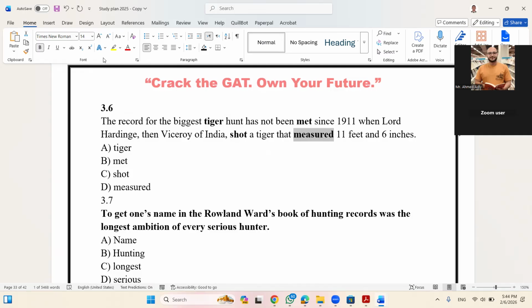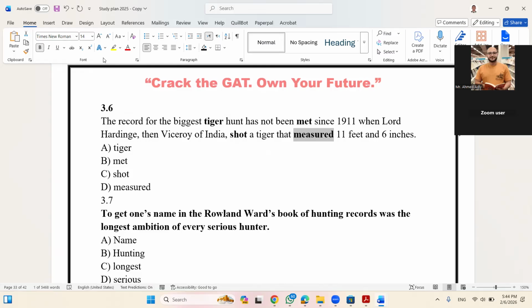The record for the biggest tiger hunt has not been met since 1911 when Lord Hardinge shot a tiger that measured 11 feet 6 inches. So this was the biggest tiger that anyone has ever hunted.